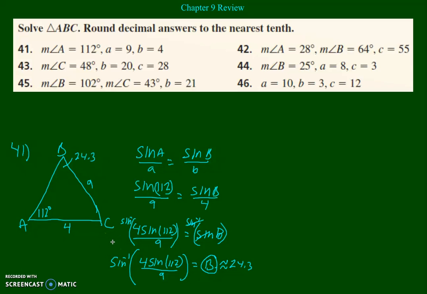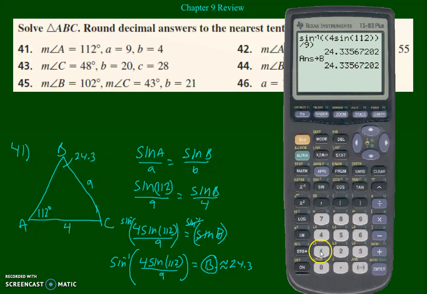So let's bring back up our calculator, and we'll say 180 minus memory location B minus 112, and that is the value of our C angle. So 43.7.